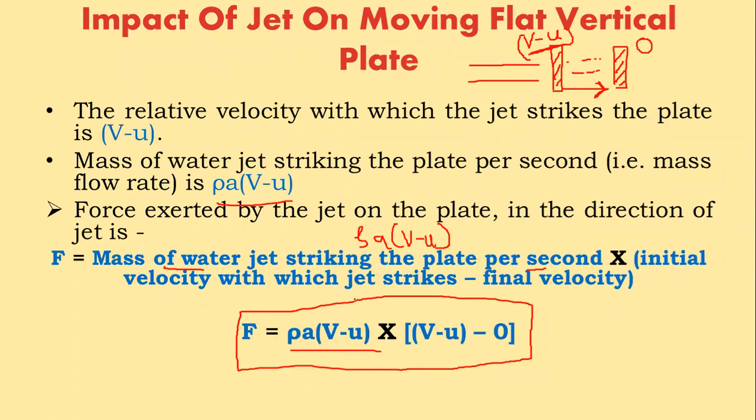Now, mass of water jet striking per second is rho a into v minus u. Initial velocity, the jet is going to strike on the plate with a relative velocity v minus u, that is your initial velocity. Now, after the jet strikes the plate with that initial velocity v minus u, that plate is going to move forward.